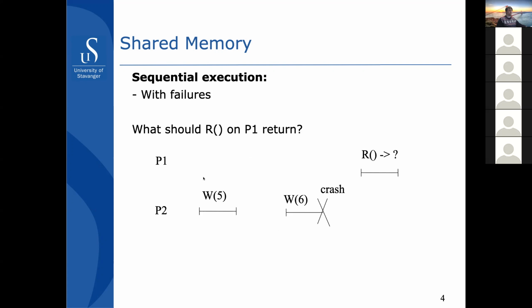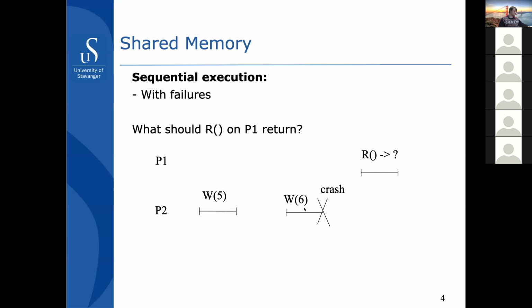But what happens if you have this scenario that P2 first writes value 5, and it starts to write the value 6, but it crashes before it completes fully? Then what is the correct value that P1 should read? Should it return no value, or should it return the value 5 or the value 6?